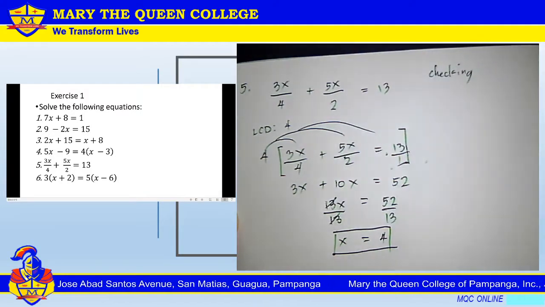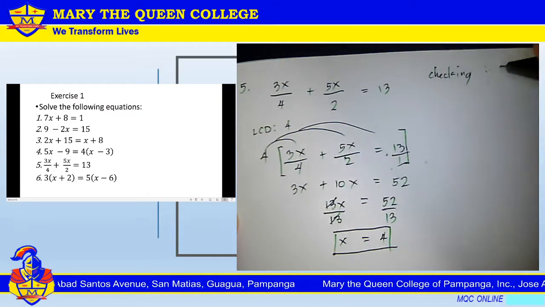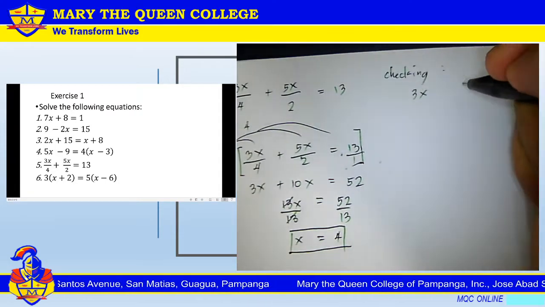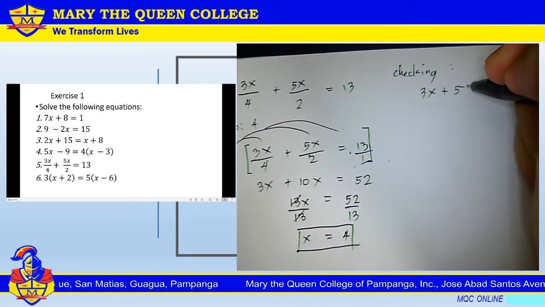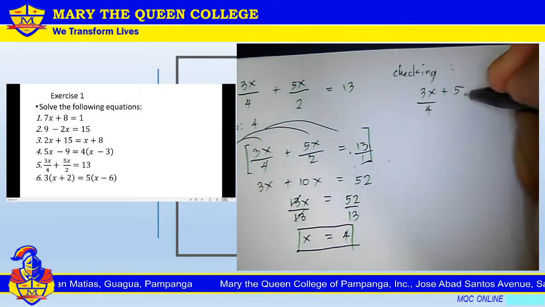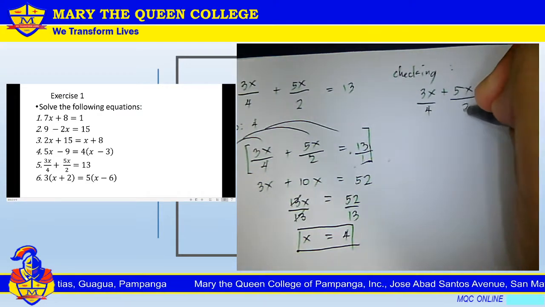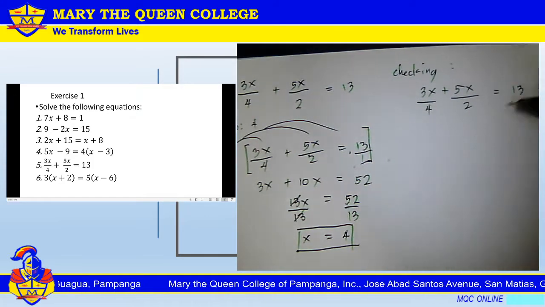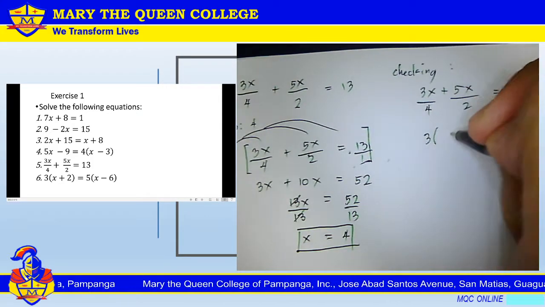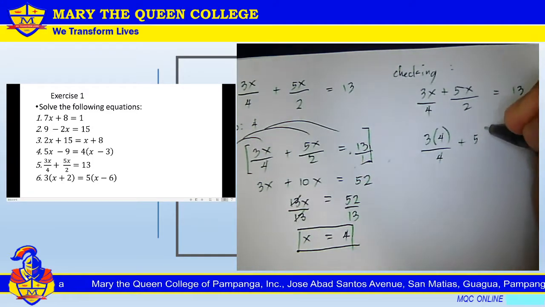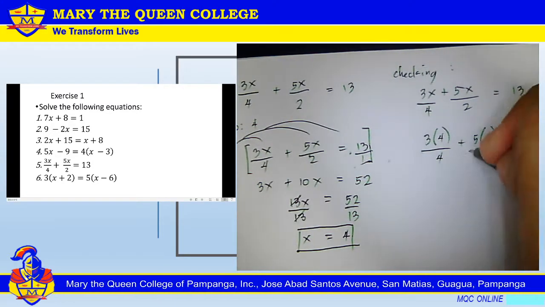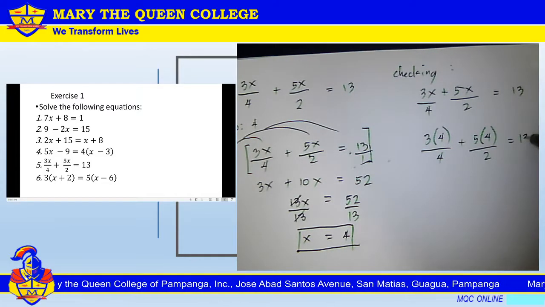so we have 3x over 4 plus 5x over 2 is equals to 13. Okay. Substitute x by positive 4. 5 times positive 4 over 2 is equals to 13.